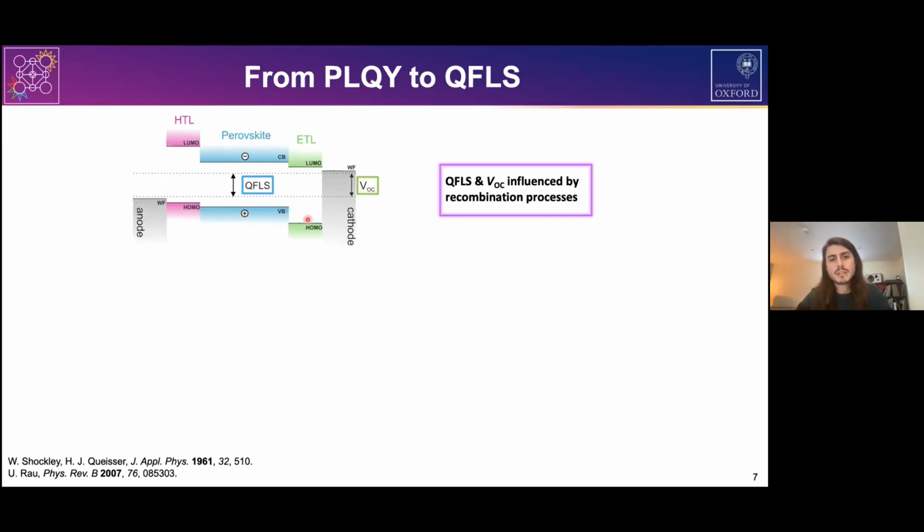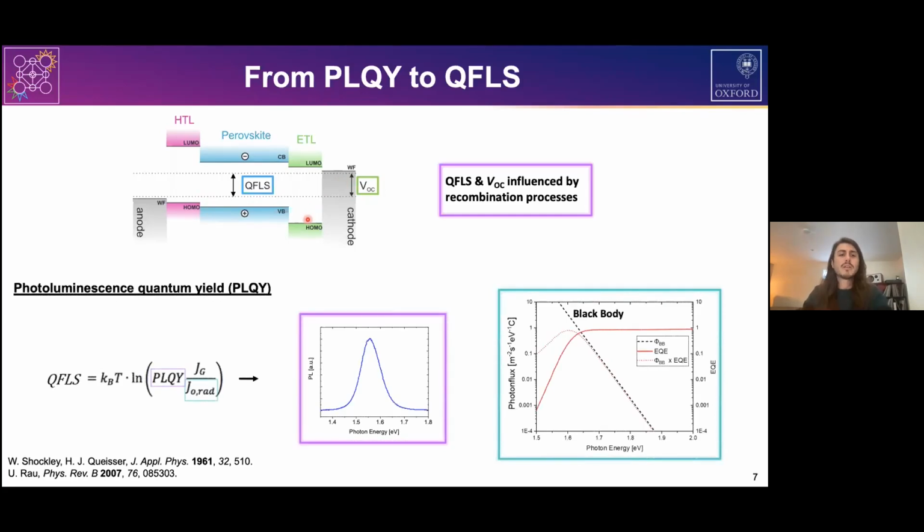While we can access the VOC quite easily by connecting our device electrically and measuring the voltage, the quasi-Fermi level splitting is a bit more tricky. We cannot directly access it with an easy experimental technique, but there's an easy way around it. By using the photoluminescence quantum yield, we can find a way to access this quantity.